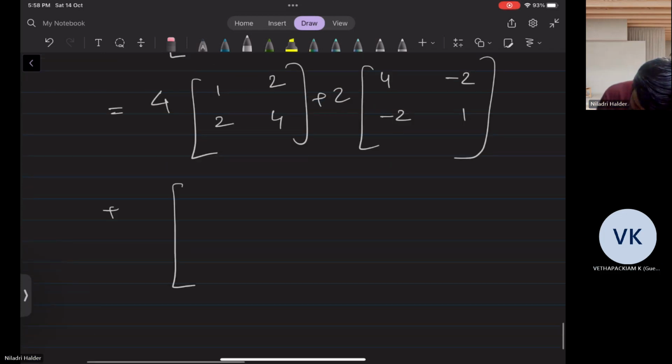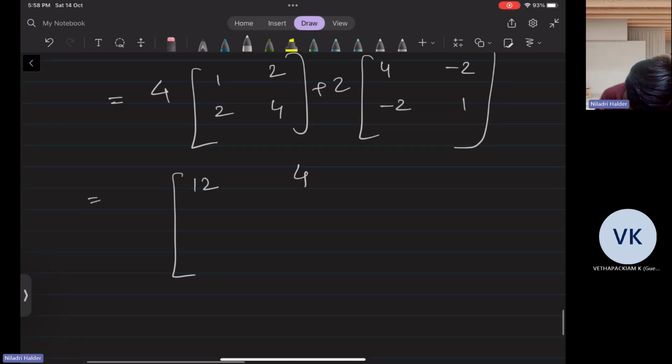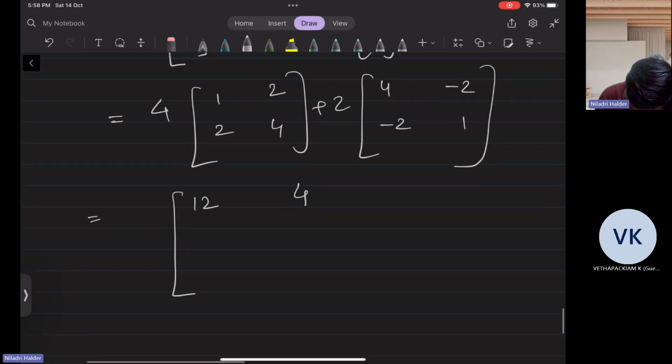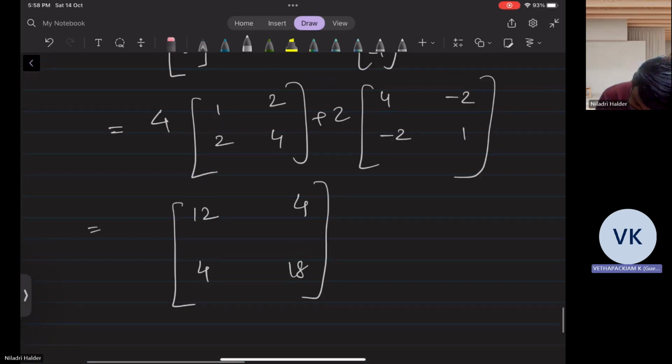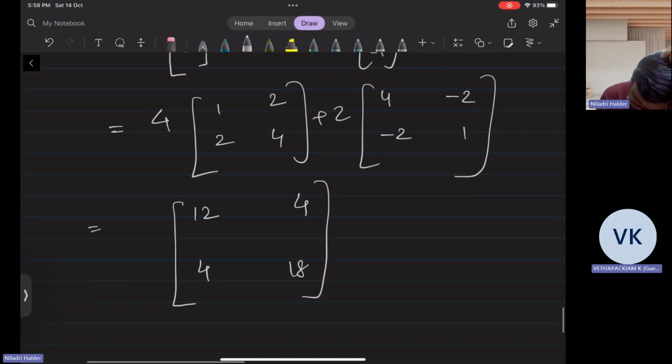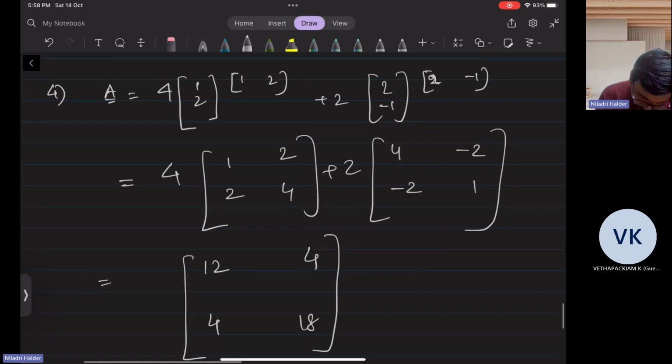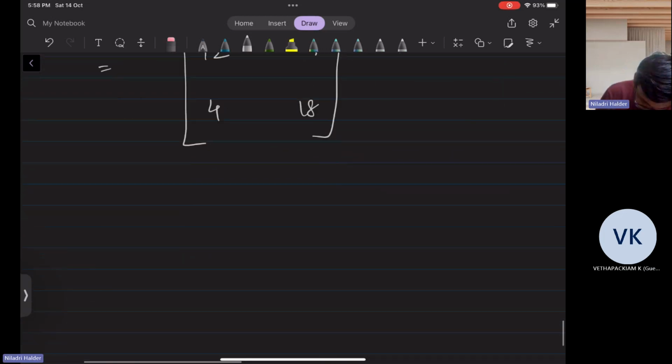So 4 plus 8 is 12. 8 minus 4 is 4. Then 16 plus 2 is 18. That's it. Yes, correct.